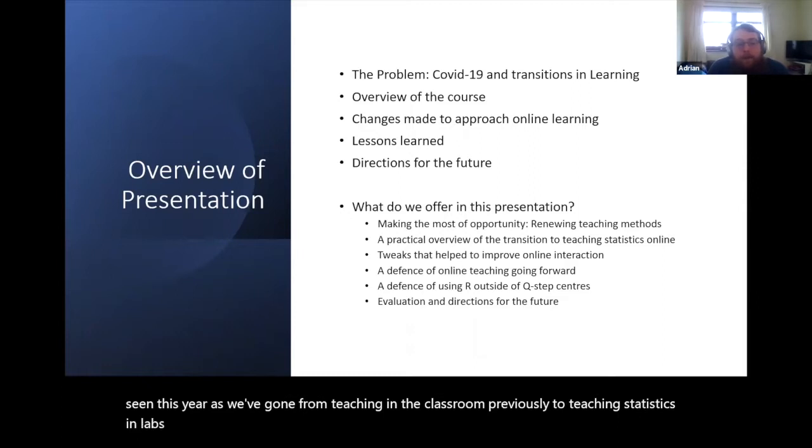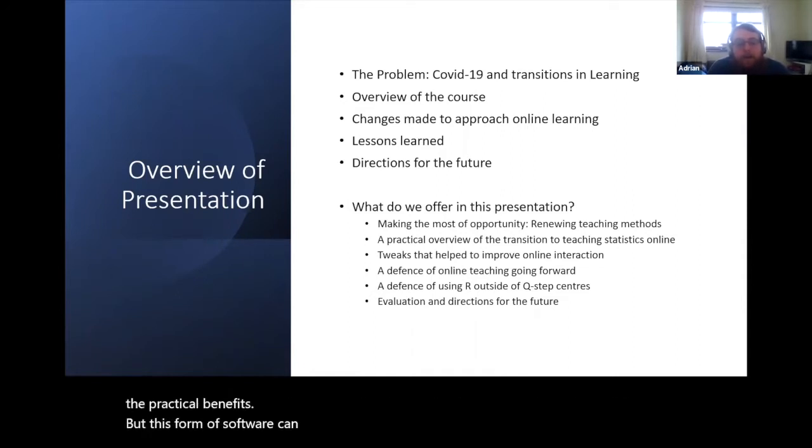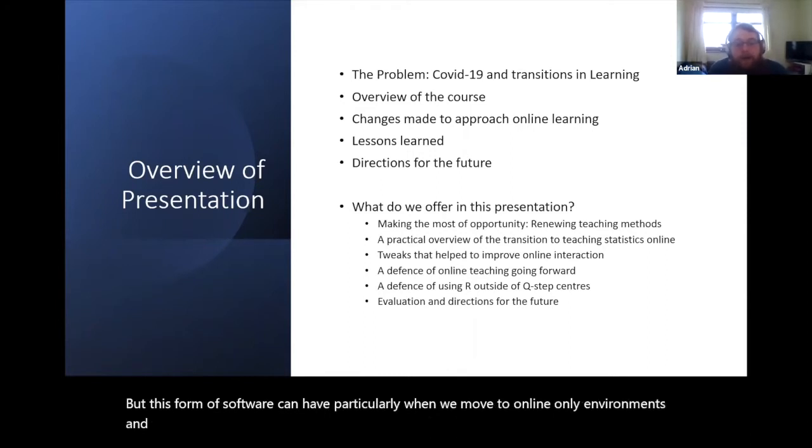And also a bit of a defense of using R outside of the Q-step centers and the practical benefits that this form of software can have, particularly when we move to online only environments. And then finally, ending with an evaluation and directions for the future.